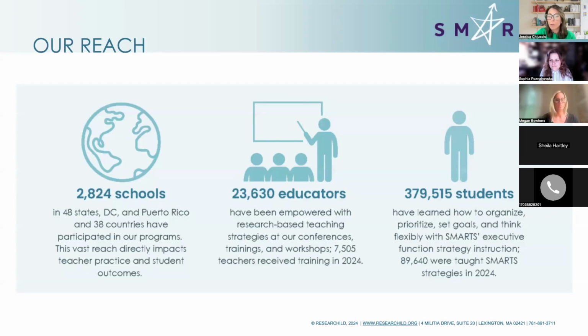We feel really proud that we're reaching a lot of educators who are using the Smarts approach with their students and their staff. And most importantly, we're all here for our students. Almost 780,000 students are learning executive function strategies with our Smarts program. That's why we're here. We recognize that a lot of people are interested in executive function, and that's a win right there.